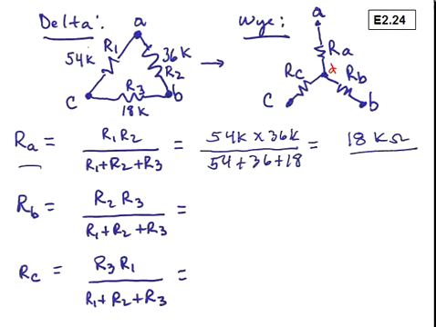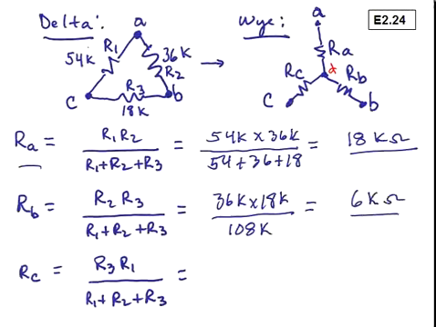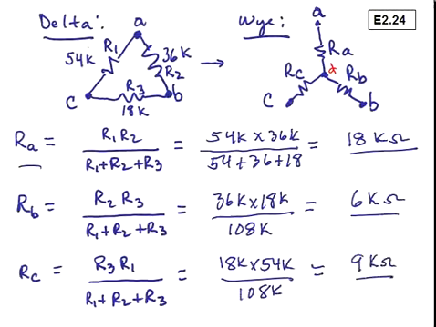For RB, it's a similar process, multiplying R2 times R3. And the denominator is the same, and that happens to sum to 108K, and this is equal to 6K. And for RC, we have 18K times 54K divided by the 108K, and that RC value is 9K. So we've developed the values of the three equivalent Y-connected resistors.